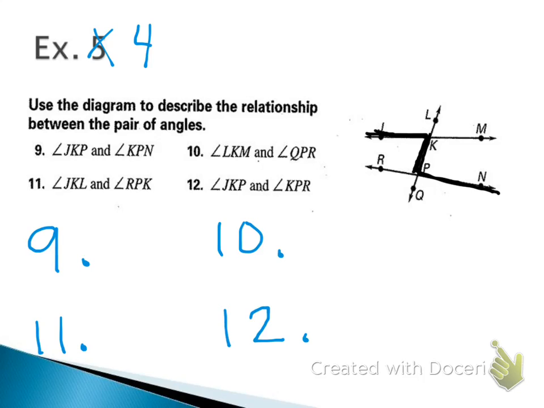Just like we've been doing: alternate interior, alternate exterior, corresponding, same side. They're not corresponding, they're not in the same position. They alternate, yeah, they're on different sides of the transversal, so it'll be one of the alternates. Now they're on the inside or the outside of the 2 lines? Inside, so these are alternate interior angles.